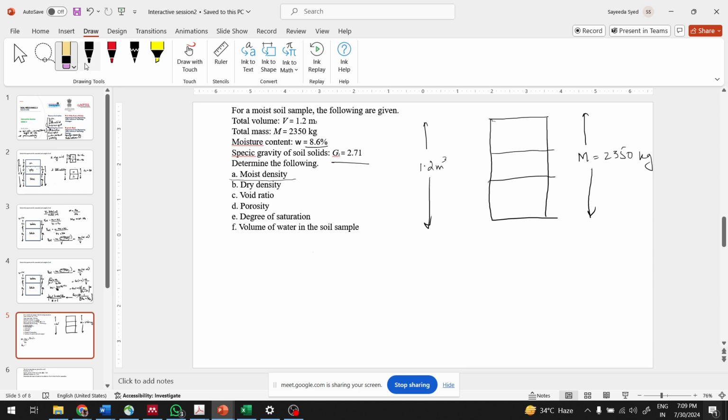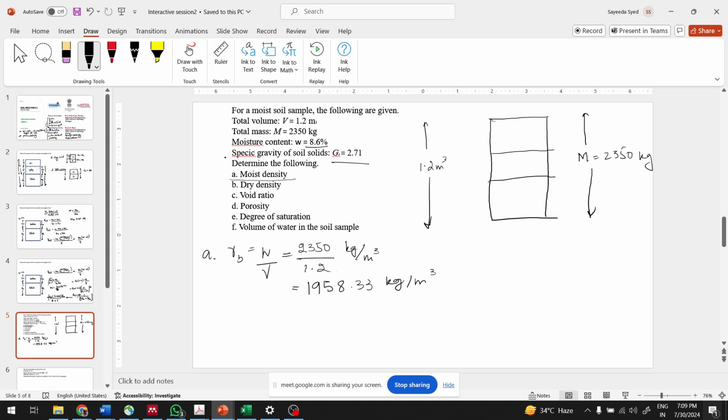A part is easy because this is just bulk density, which is total weight over total volume, which will be 2350 over 1.2 kg per meter cube, and this will come out to be 1958.33 kg per meter cube.